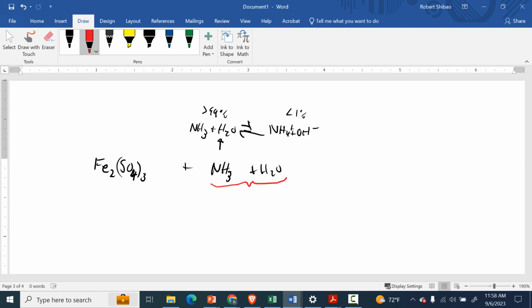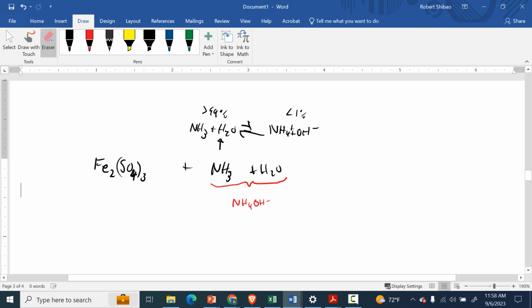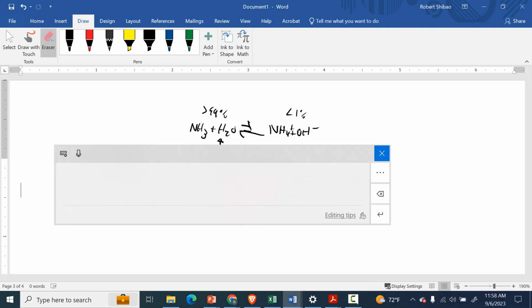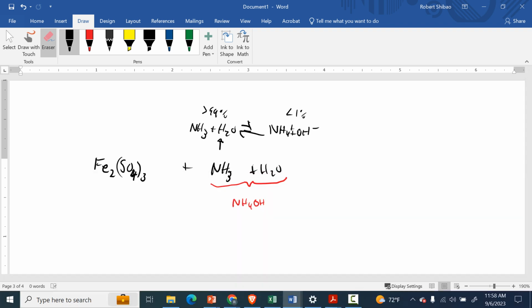And when we write equations, we write the major species. Like this.